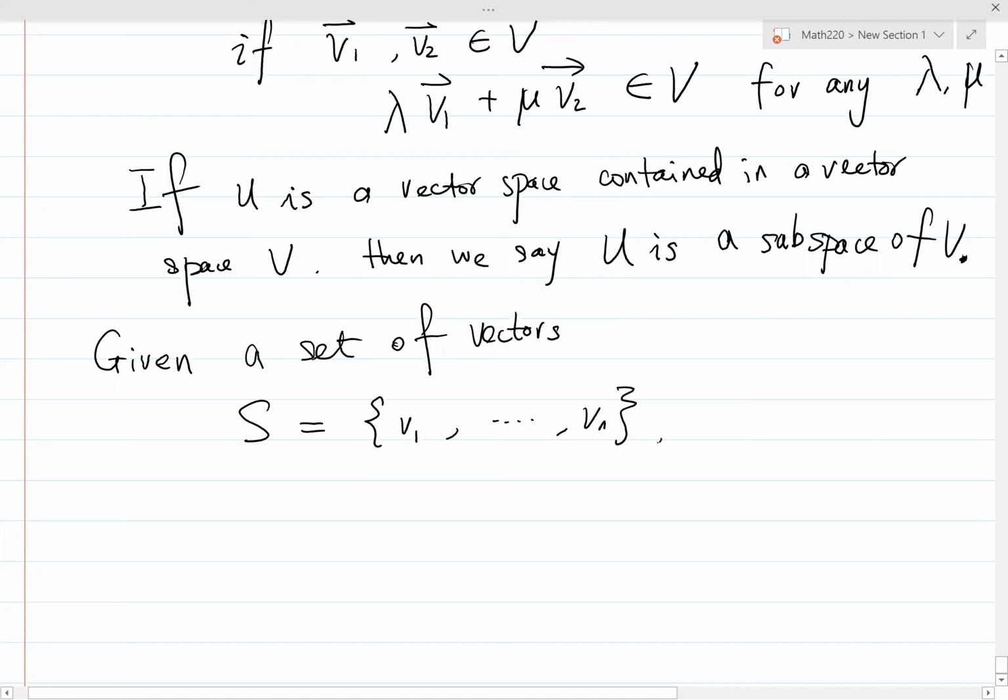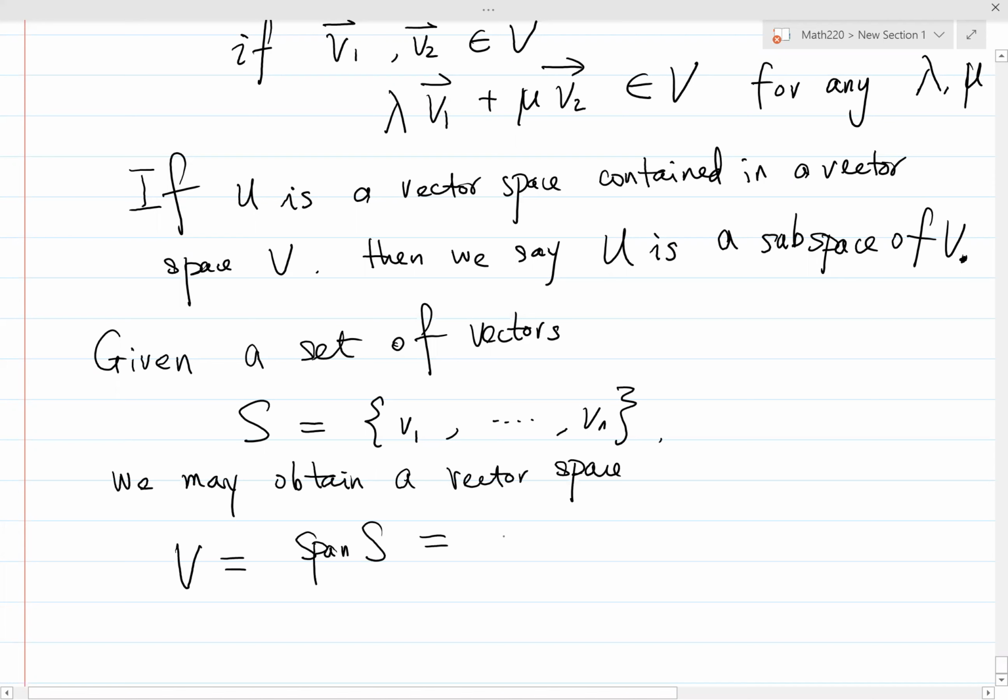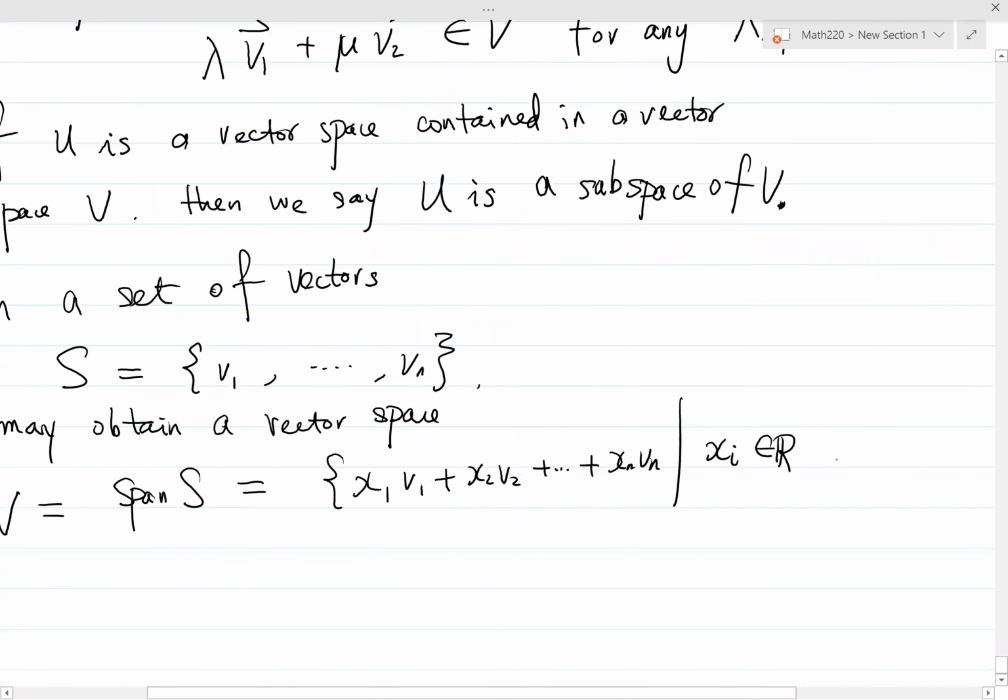Now we may find linear combinations and obtain a vector space V, the span of S, which is of this form: x1 v1 plus x2 v2, etc., plus xn vn, such that the xi are all real numbers, i equal to 1 all the way to n.